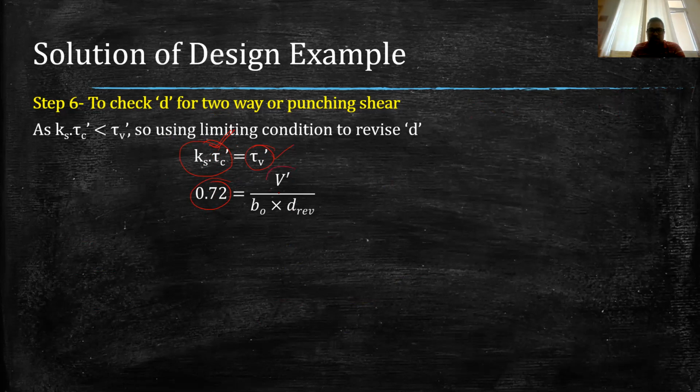So V dash will be fixed, B naught will be fixed. The only thing to be changed is D revised. V dash, B naught and the LHS value are all known, so we can revise the value of D by using this relation.